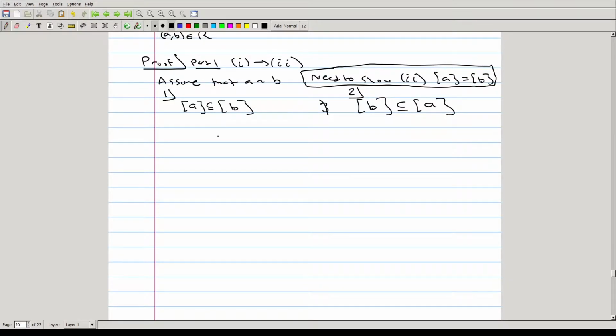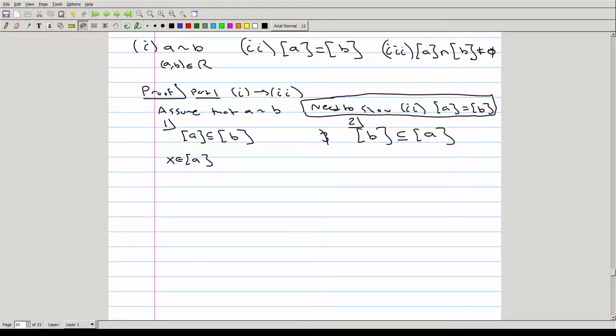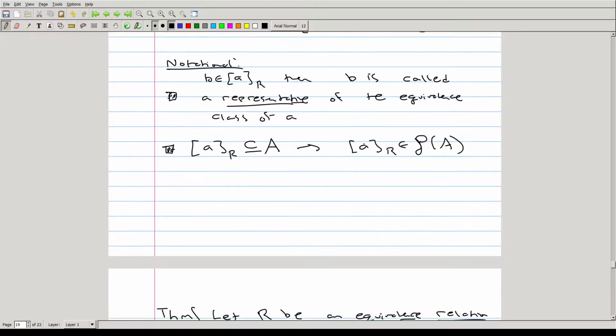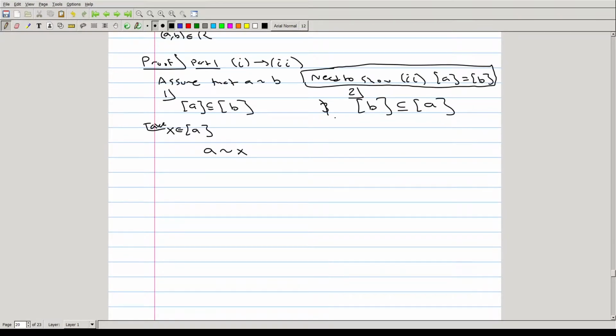So to show that the equivalence class of A is a subset of the equivalence class of B, for any x that is in the equivalence class of A, we have that A is related to x under this equivalence relation by definition of the equivalence class.